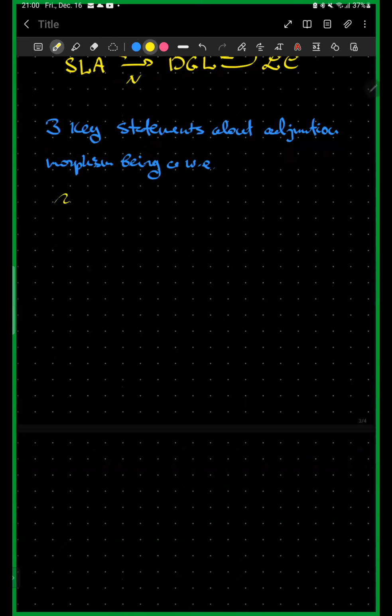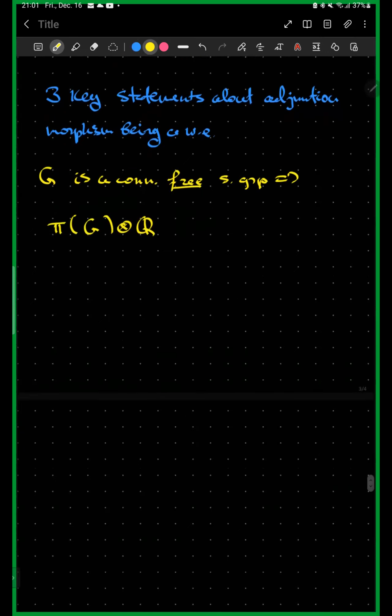The first statement is that if G is a connected free simplicial group, then we have an equivalence on homotopy groups, which looks like this.